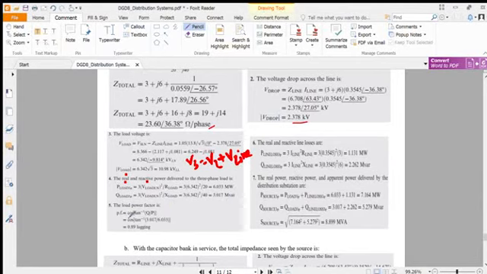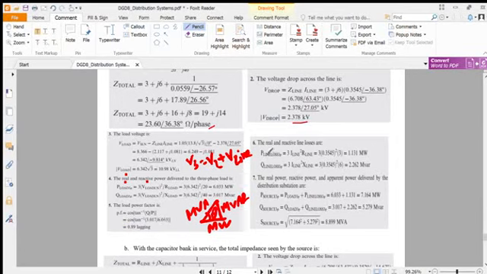And the load power factor is cos theta, and theta can be found this way: tan theta equals megavar divided by megawatt, because no MVA rating is given, so we find the value of power factor here.